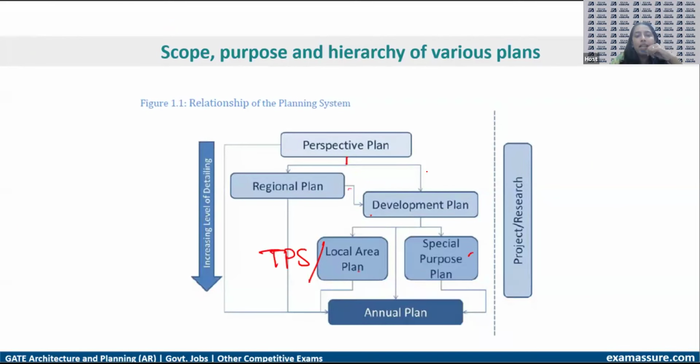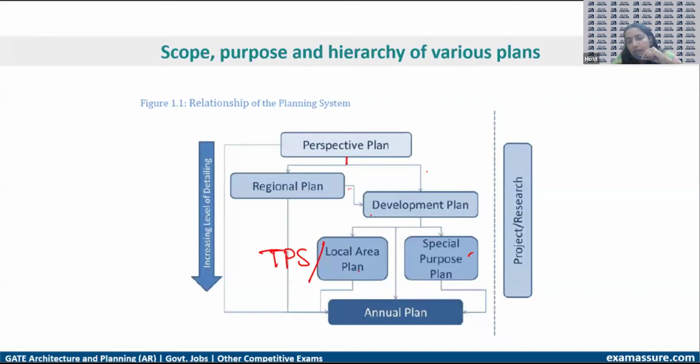Special purpose plans are primarily, for example, for some tourism place, some city where tourism is the main economic driver. There I could have a special tourism plan, which would also be a special purpose plan.